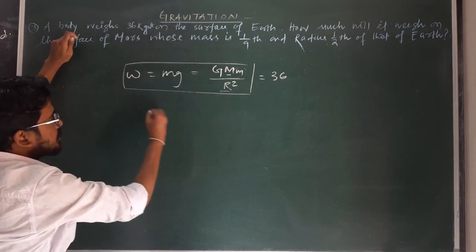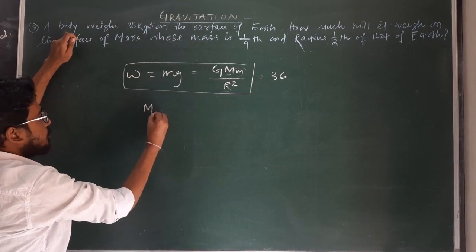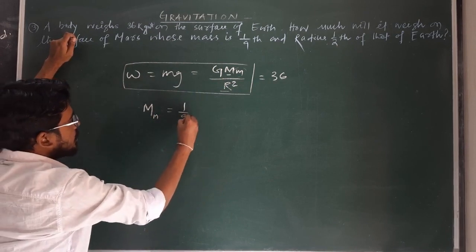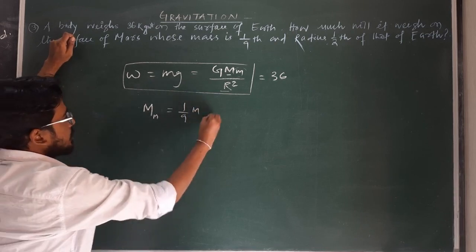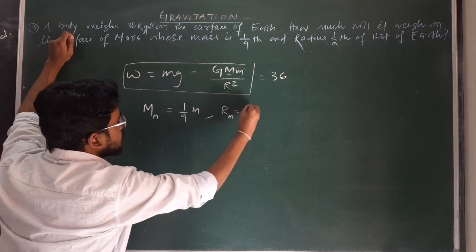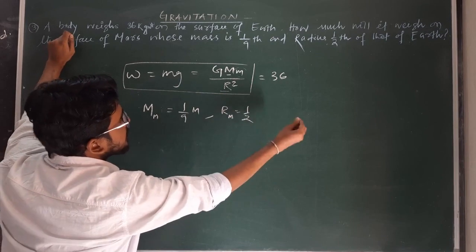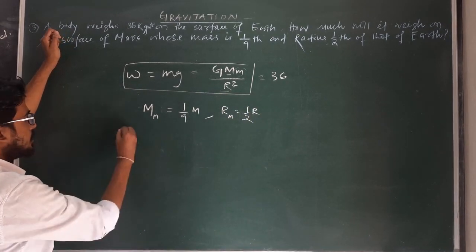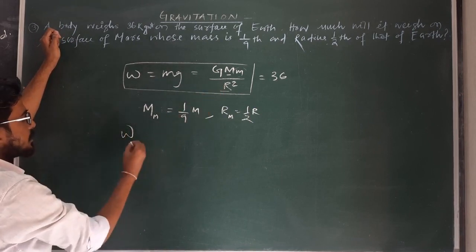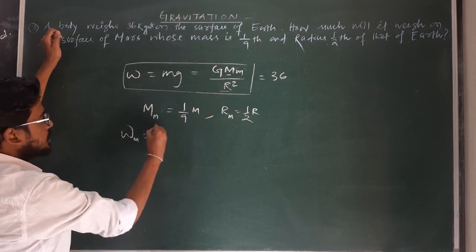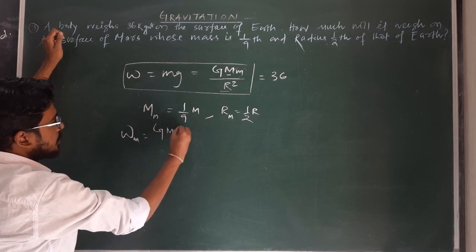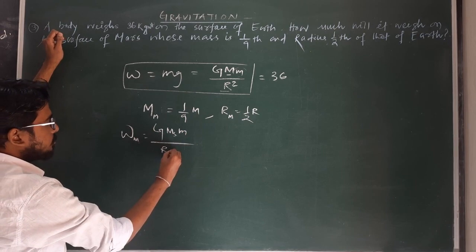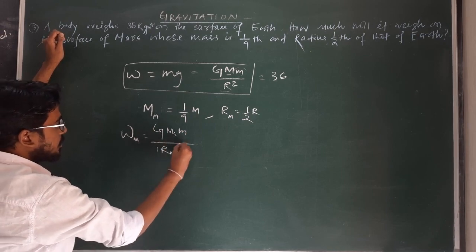Okay, now it has to be measured on the surface of Mars, whose mass is 1/9 of that of the earth. That means we can write the mass of Mars will be 1/9 of the mass of earth, and the radius of Mars is 1 by 2 times that of the radius of earth. So what is the weight of the substance on Mars? It will be written as G, mass of Mars into mass of the substance divided by radius of Mars square.